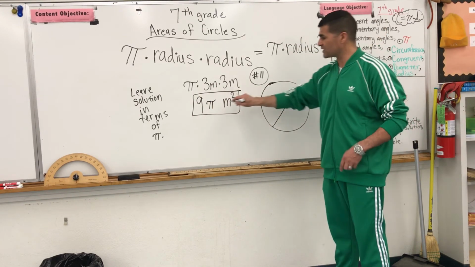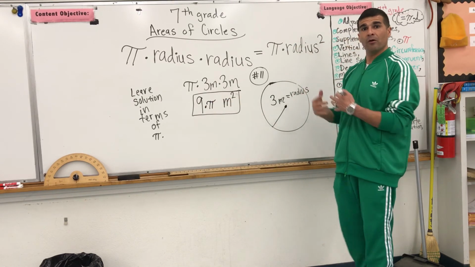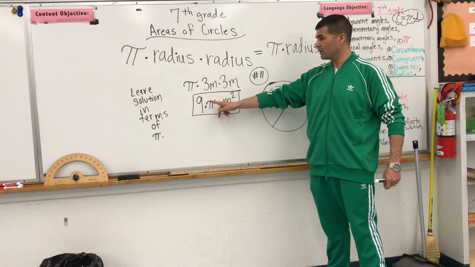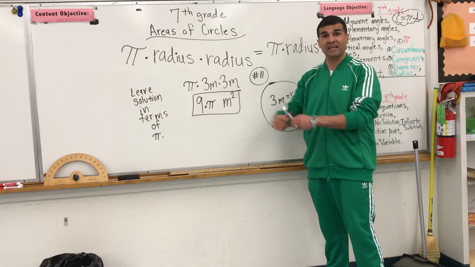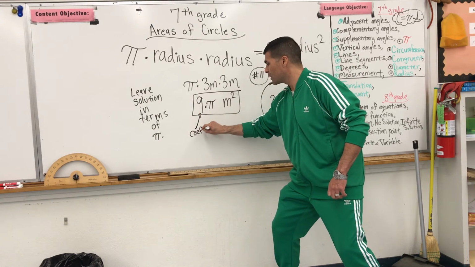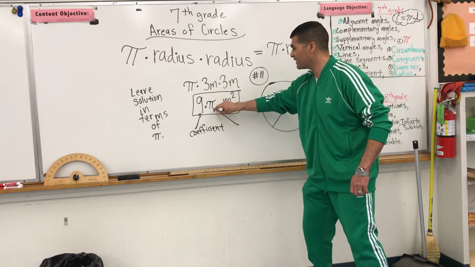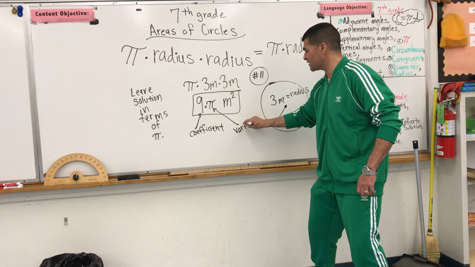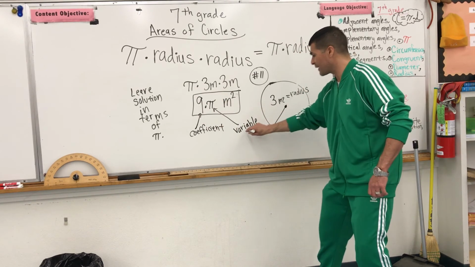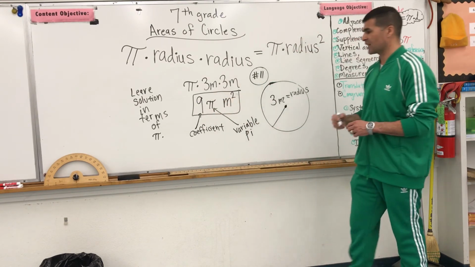Now, a lot of you guys will actually put this multiplication dot like it's there. Remember, when you're multiplying a variable times a number, and this number has actually got a name, this is called the coefficient. Whenever you multiply a number in front of a variable, and yes, this is the symbol variable for pi, we don't actually need this multiplication sign.